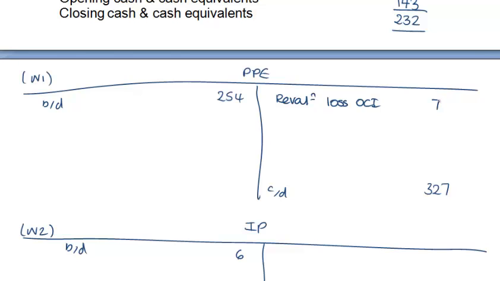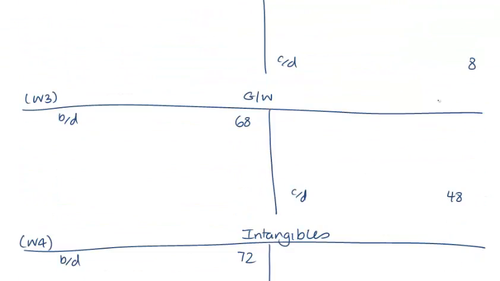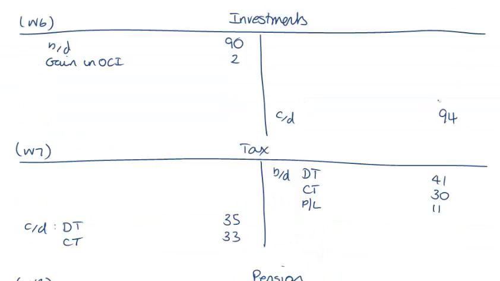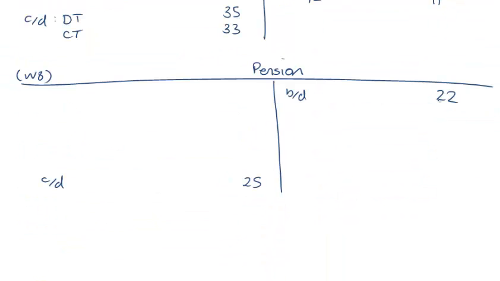We've lost money on presumably our actuarial issues in relation to the pension. So I'm going to go down to my pension account. I've debited OCI, therefore I'm going to credit the pension account. Loss on remeasurement or actuarial loss is 6.